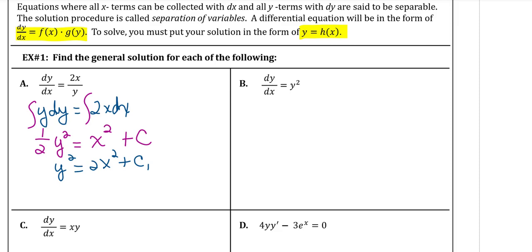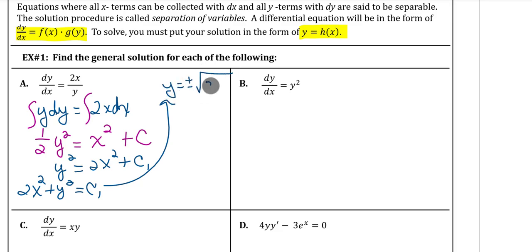You can leave it this way and write it as 2x squared plus y squared equals c1, or you can go ahead and solve it for y, and so we'll get y equals plus or minus the square root of 2x squared plus c1. Either form is acceptable.